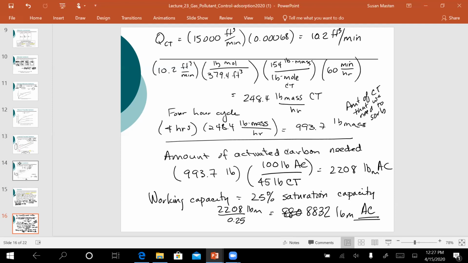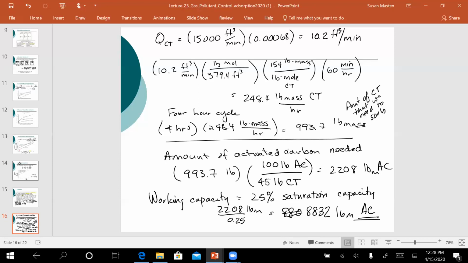That airstream that we collected would then, we'll talk about on Monday, we'll talk about condensers. So the airstream would go into a condenser. We can condense that, in this case carbon tet, and then could reuse it. I'm going to stop there.